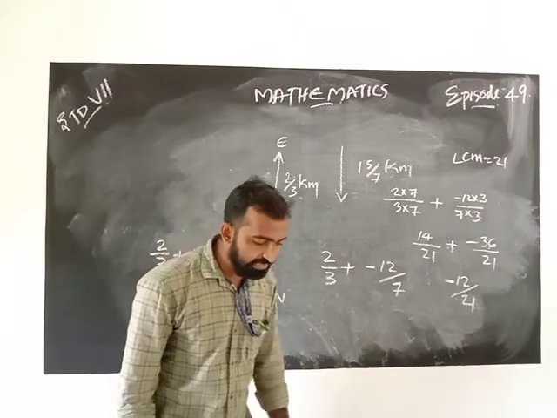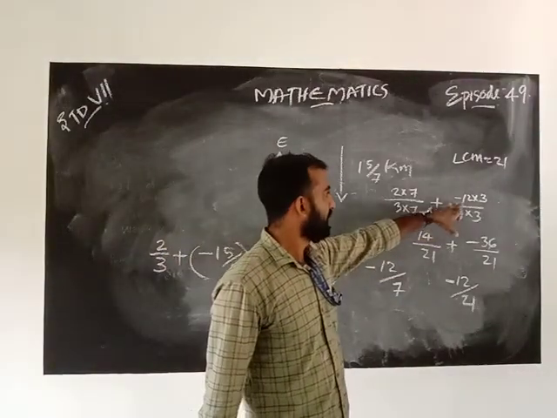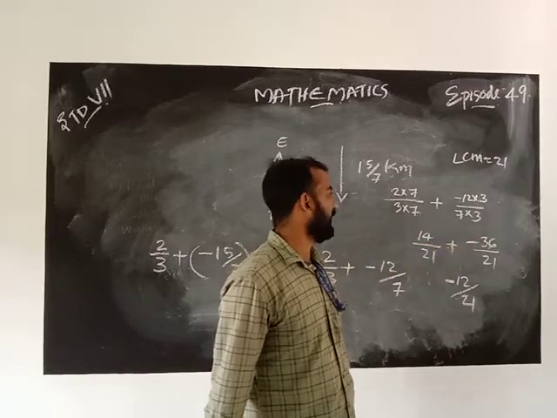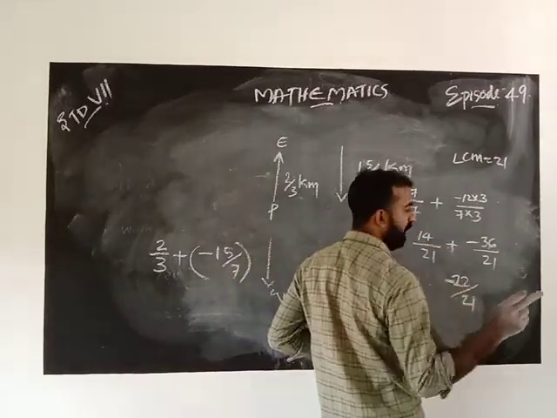Here the LCM is 21. We get 12 into 3, that is 36.